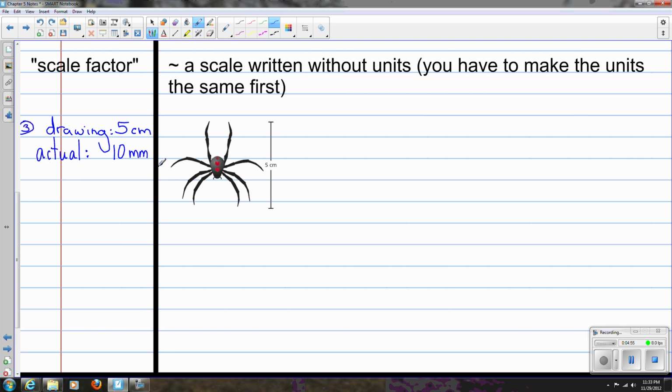Well, that's good because millimeters are smaller than centimeters, so that means the spider is smaller than this, which is good. I like small spiders much better than I like big spiders. So they want us to do two things. They'd like us to first find the scale. And then second, they'd like us to find the scale factor.